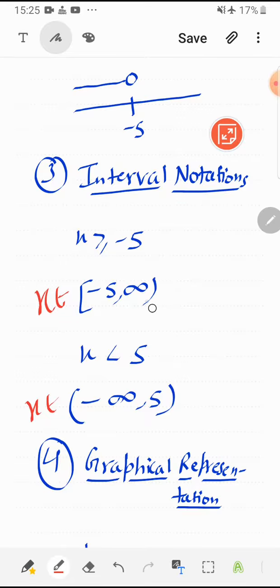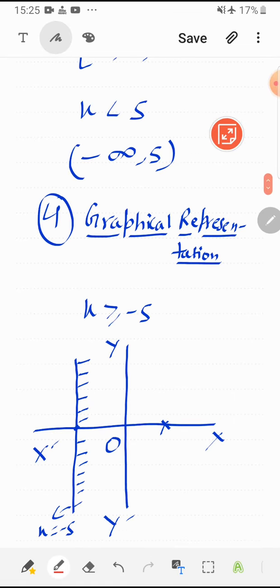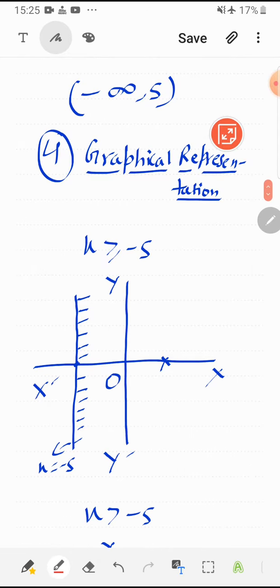Now next is graphical representation. This is very interesting and very important. When I say x is greater than or equal to minus 5, first of all ignore the inequality and just focus on the equality. So when I say x is equal to minus 5, that means the boundary of the solution region. So I will plot a vertical line at x is equal to minus 5.